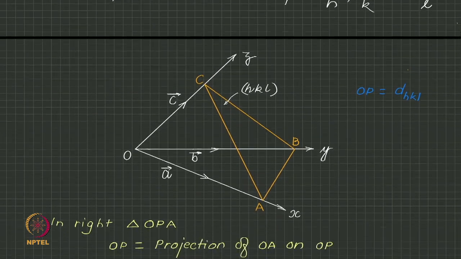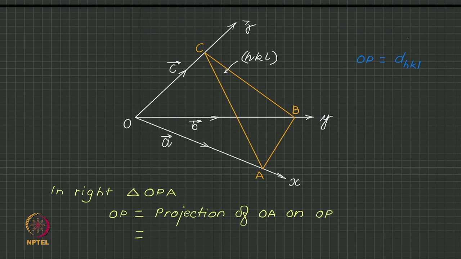So, now let us try to establish the relation between G star HKL, the reciprocal lattice vector HKL, and the plane HKL. Let us drop a perpendicular OP on the plane ABC.